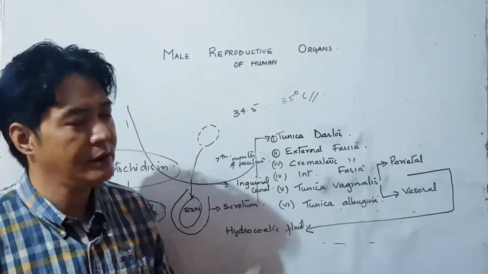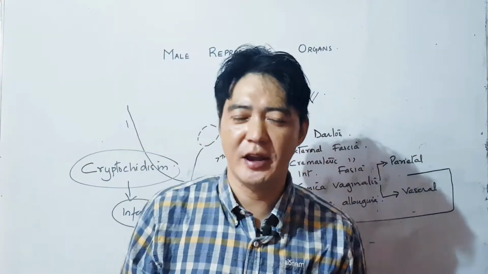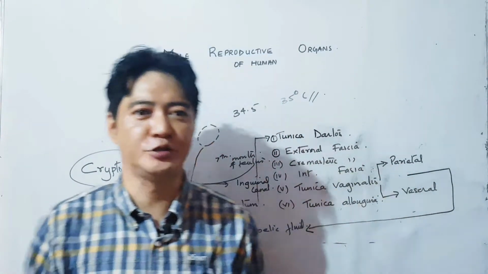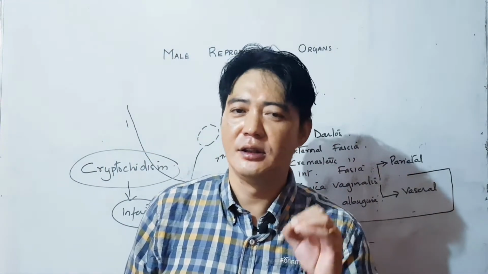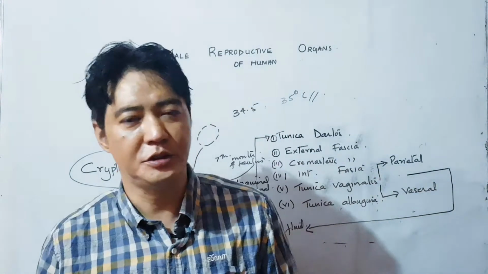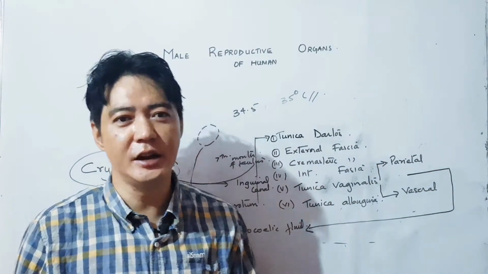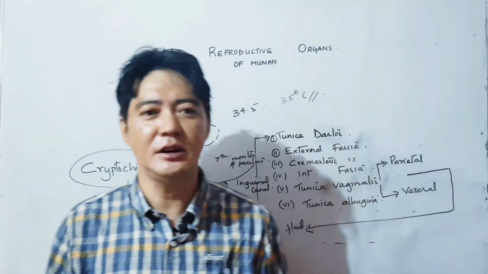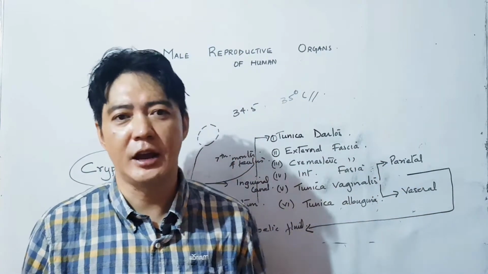We have seen here what the testis is, the primary sex organ of male, and what the scrotum is, the 7 layers of the scrotum, the function of the scrotum, and the meaning of cryptorchidism, which is the failure of descending of testis, which leads to infertile or sterile males, meaning they cannot reproduce.